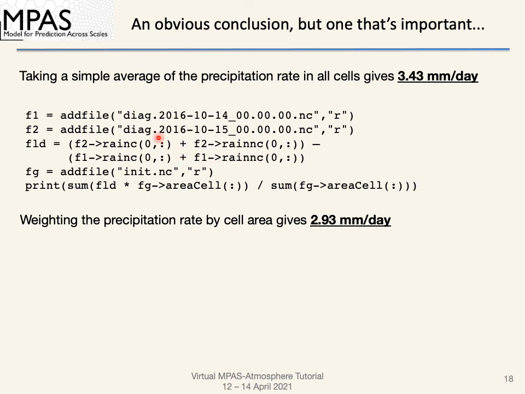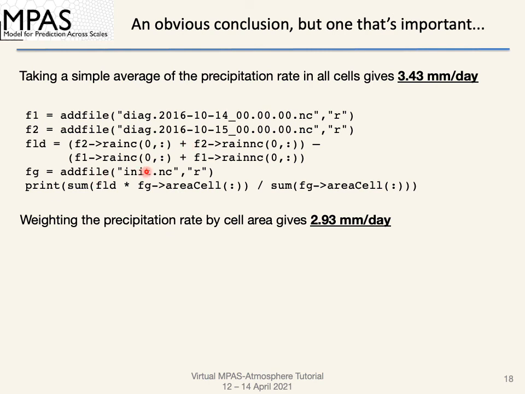So what we're doing here is opening up two diagnostic files on the 14th and 15th of October 2016. And from the second of those files, we're adding up the convective and grid scale components of the precipitation. Same thing for the first file, and then we're subtracting the first file value from the second file value. Now we need the areas of all of the grid cells, and that's available either in the history output files or in the model initial conditions.